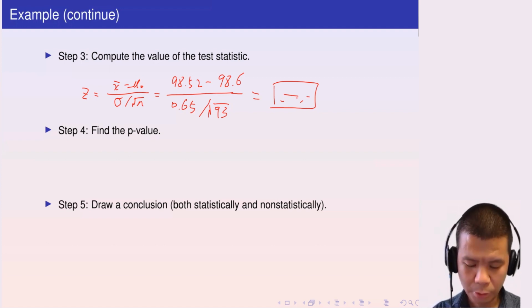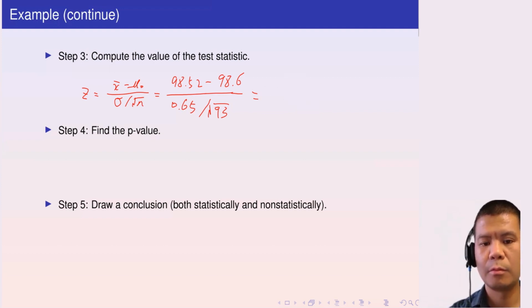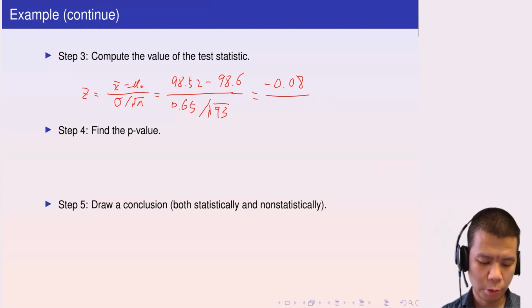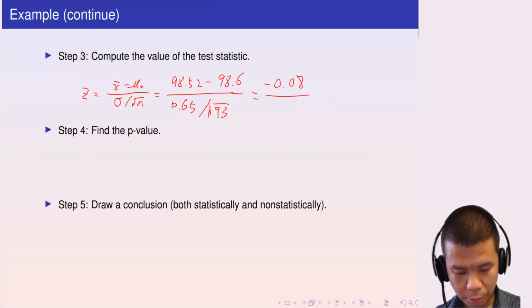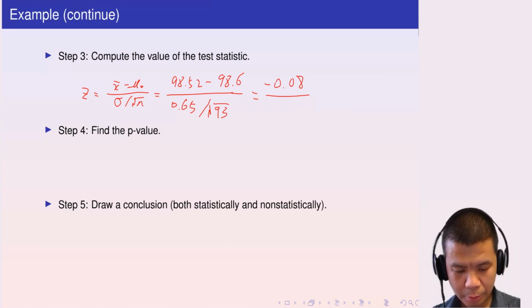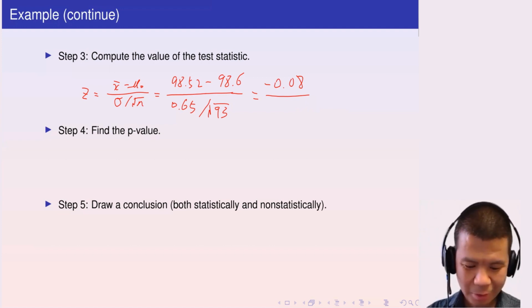98.52 minus 98.6 is negative 0.08. And 0.65 over the square root of 93.